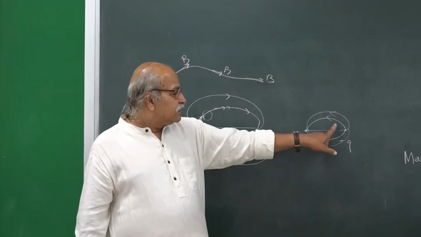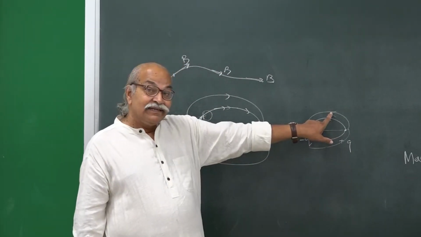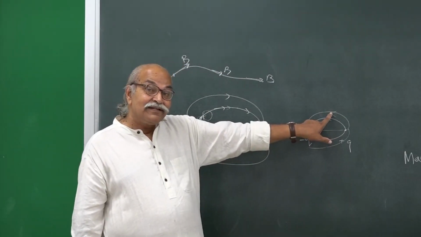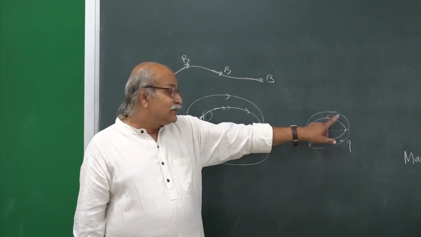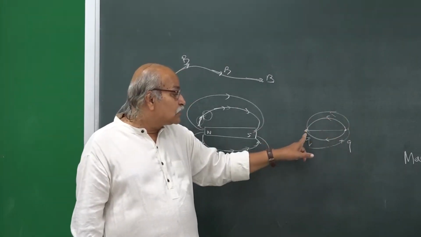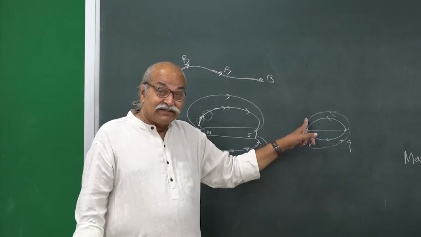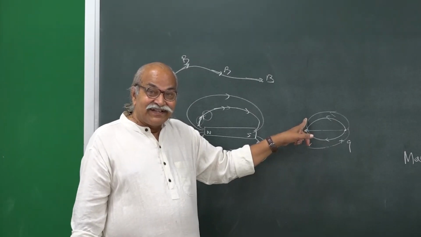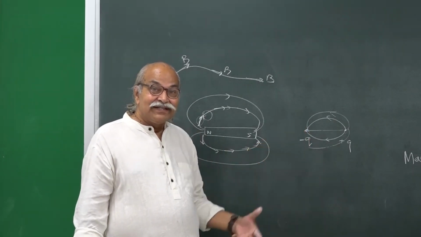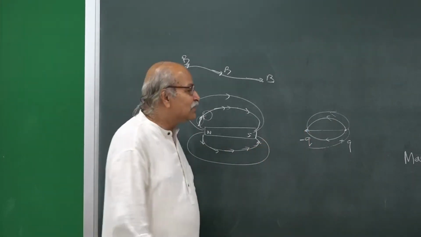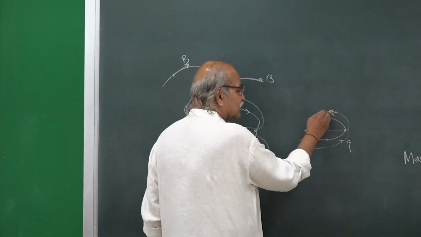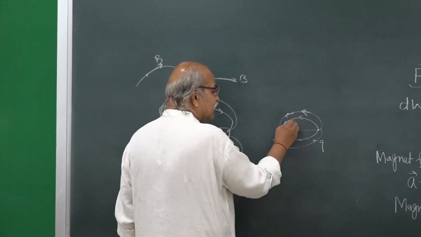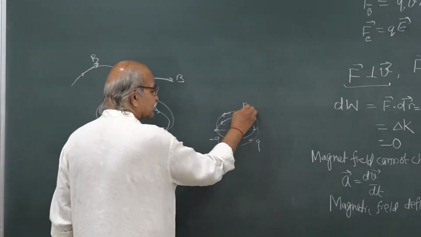Now, here the force is parallel to the electric field. So, these field lines are also force lines. In fact, they are called lines of force. The electric field lines are called electric lines of force, because this is the direction of electric field and this is also the direction of force.